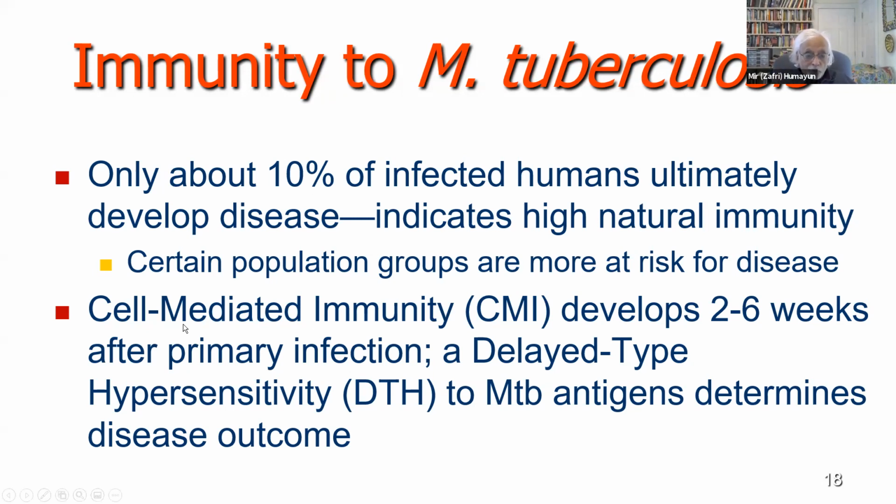Now, upon exposure to MTB, cell-mediated immunity, sometimes I'll refer to it as CMI, develops within 2 to 6 weeks after primary infection. And as we previously mentioned, what causes the disease and ultimately death is a perverted immune reaction called delayed type hypersensitivity to MTB antigens, that really determines disease outcome.